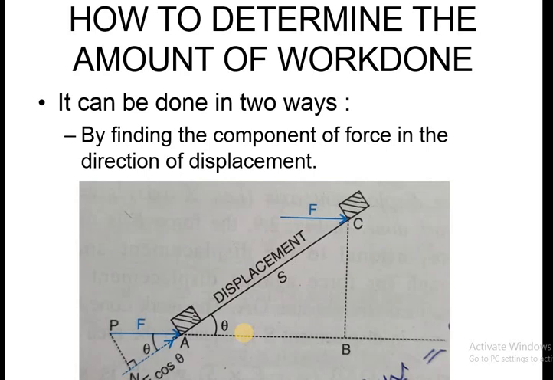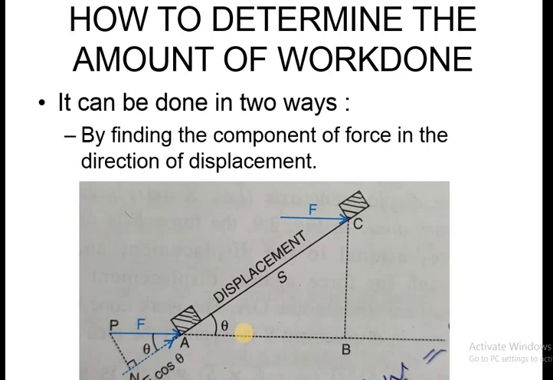From the bottom part, F cos theta is given to the body, and the body is displaced from its original position. Clear? That the work done W equals NA multiplied by AC. So we can give NA multiplied by S, as AC is given by S.